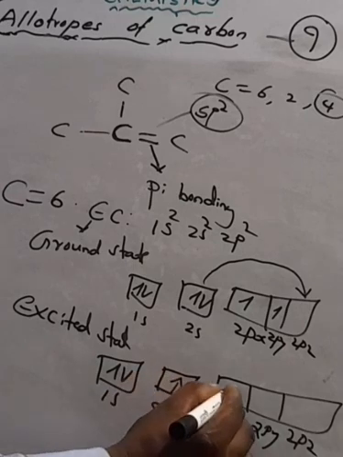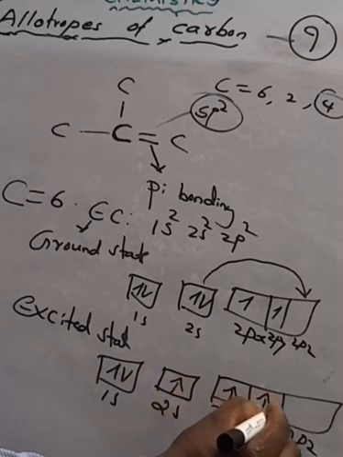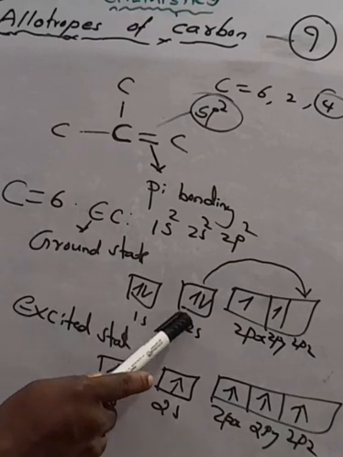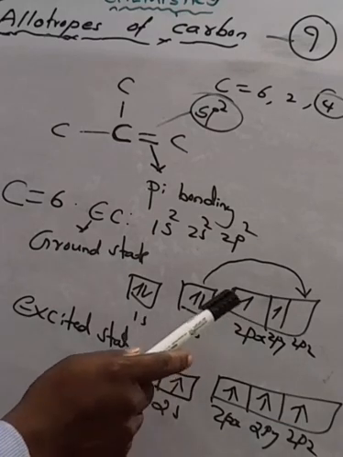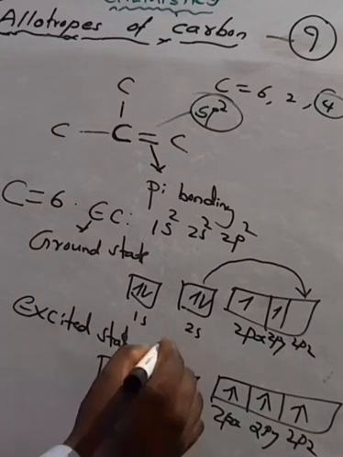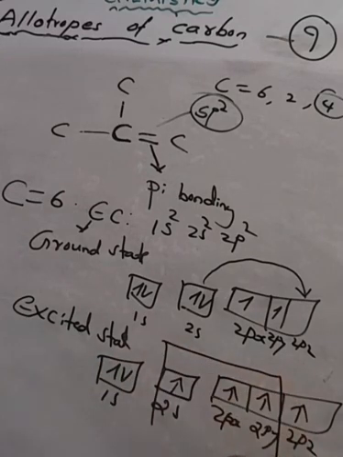Here, this 2s and 2p subshell combine to form sp2 hybridization. That means electron pairing takes place in 2s and 2p.